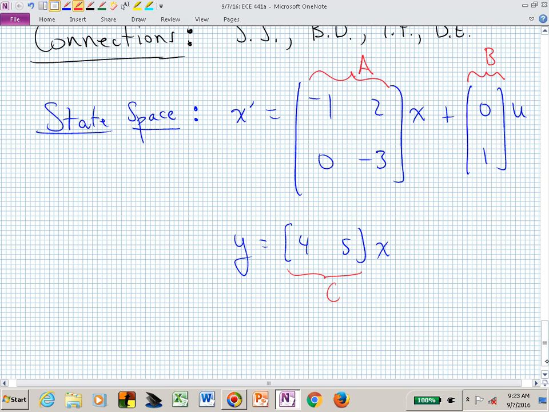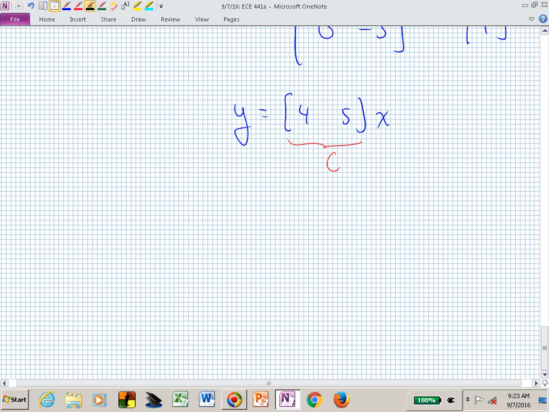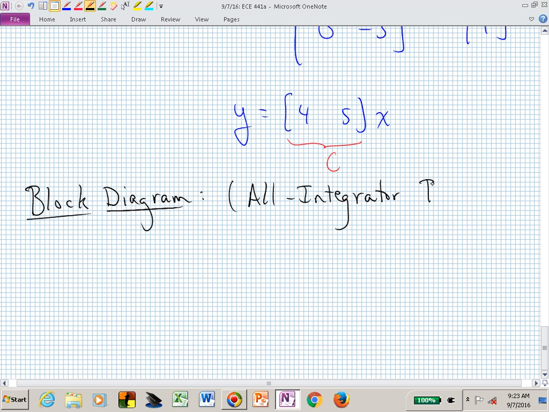Let's now sketch the block diagram. And this one will be an all integrator block diagram.